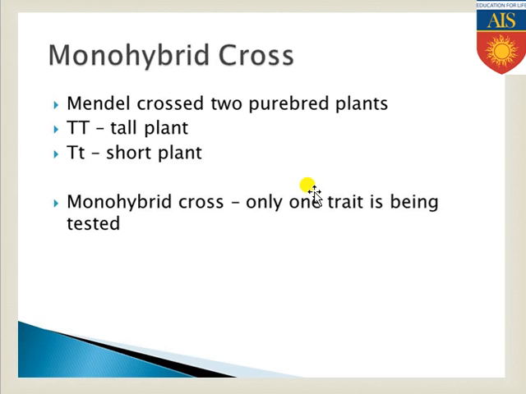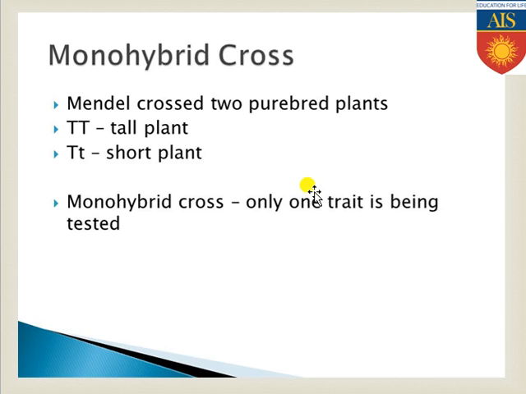For the monohybrid cross, he obviously took the trait that is the stem height of the pea plant. In case of stem height, we all know the dominant allele is capital T and the recessive allele is small t. Keep it in your mind, dominant plants contain dominant alleles, so their genotype is capital T capital T, and dwarf plants have genotype small t small t.